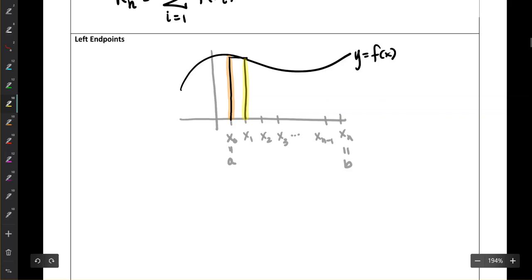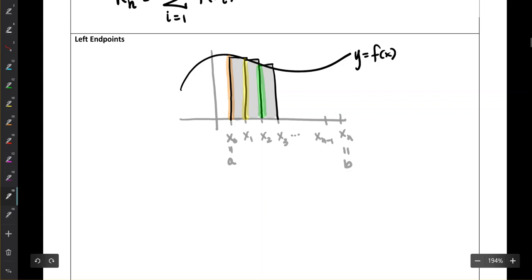That's going to be the height of my second rectangle. Between x sub 2 and x sub 3, I'm going to choose x sub 2. F of x sub 2 is the height of my third rectangle, and so on, right? So these are the areas that I would be calculating.